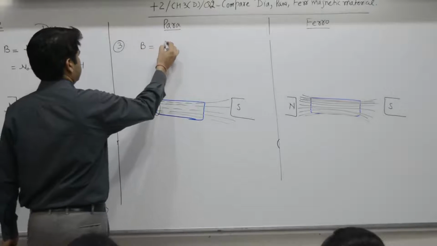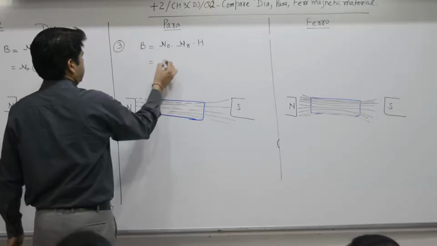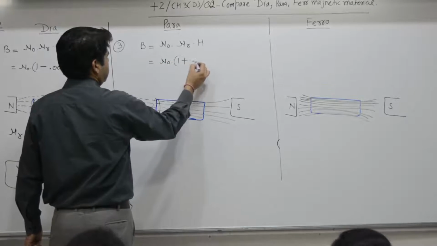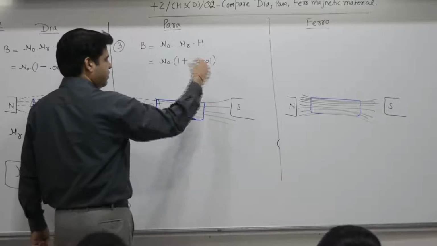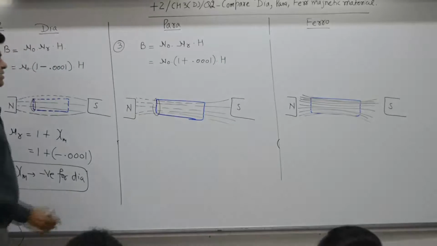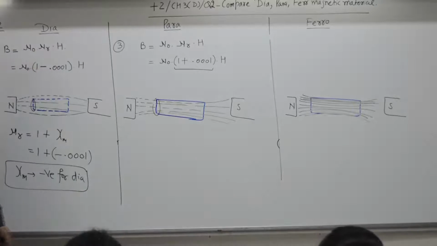B is equal to mu naught mu r H is equal to mu naught times 1 plus susceptibility. You can refer to the book, 10 to the power minus 4 or 10 to the power minus 5 or 10 to the power minus 3. We have analysis. Yes, this is slightly better than free space.